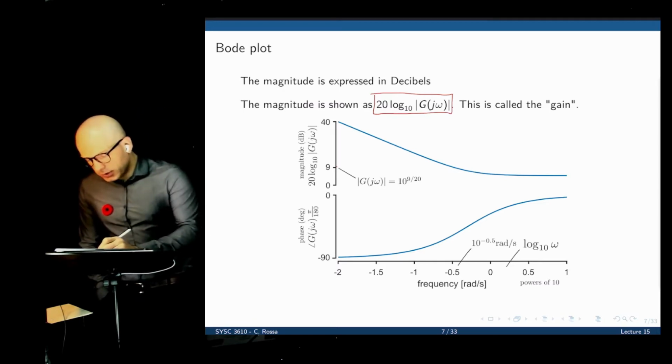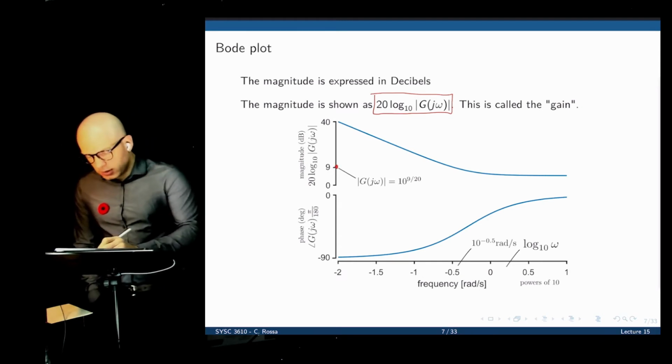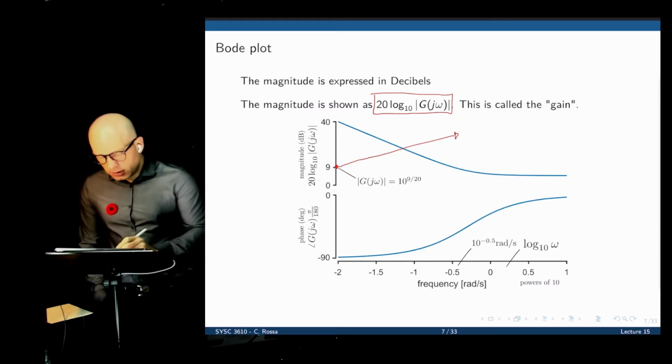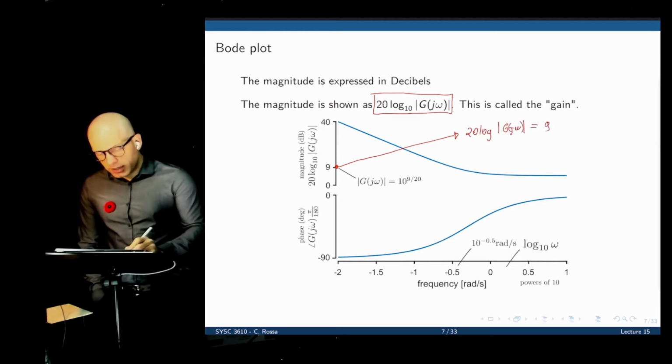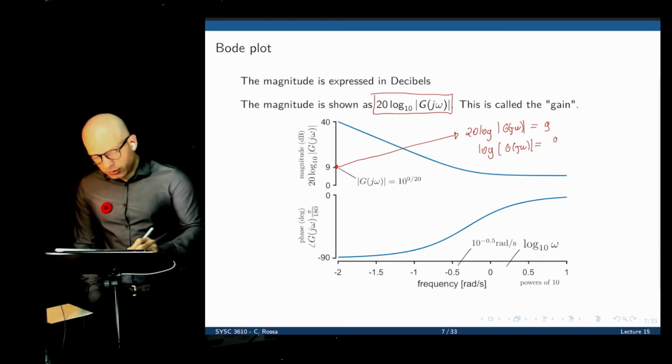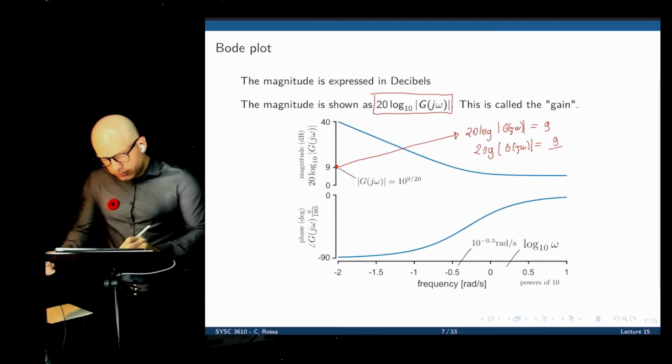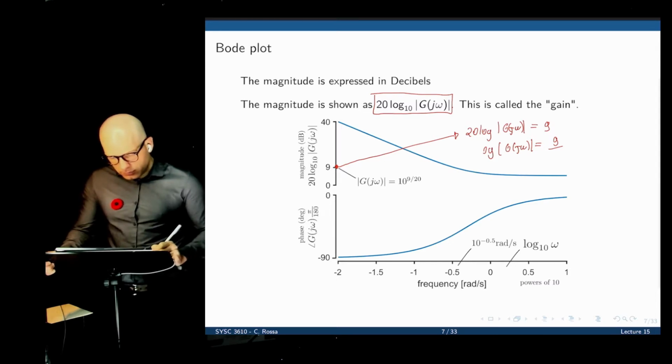So if you take a point in this scale, for example, here, 9 decibels, what is the actual magnitude of the transfer function? Well, that was taken by calculating 20 log 10 of the magnitude of G(jω), and that was 9. So log 10 of the magnitude of G(jω) equals 9 divided by 20.